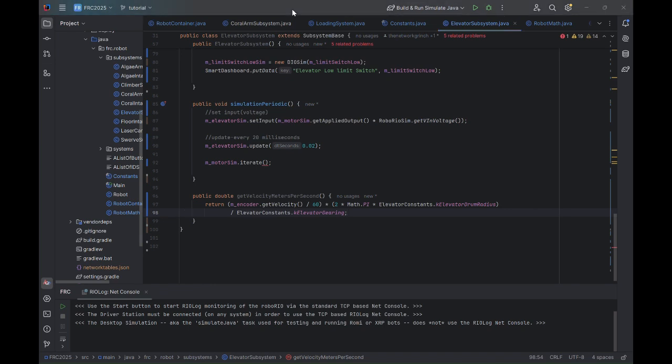So why do we divide it by the gear ratio?